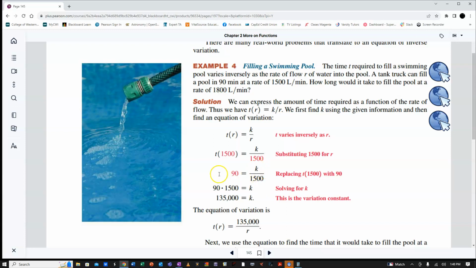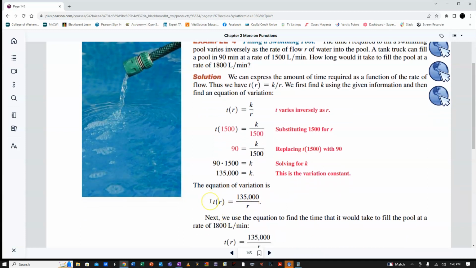We solve for k by multiplying both sides by 1,500, and our value for the constant becomes 135,000. And then we have our equation of variation. That will be t of r equals 135,000 divided by r.